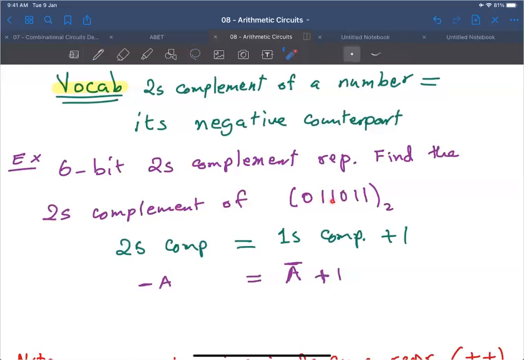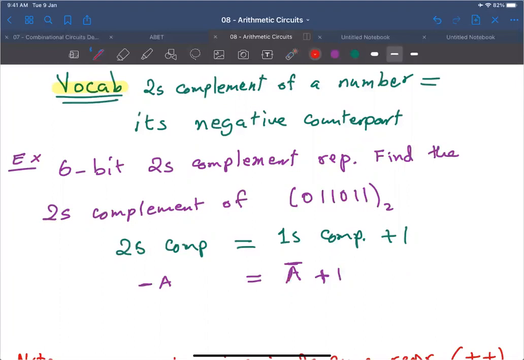The 2's complement is going to be the 1's complement plus 1. So minus A is going to be A complement plus 1. All I have to do is complement the bits and then add 1 to them.